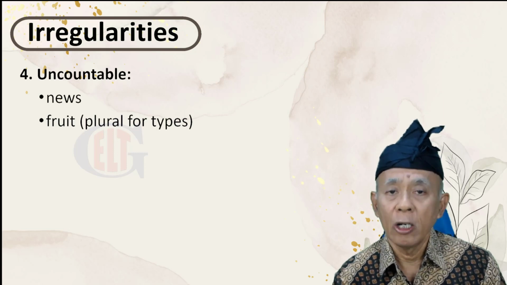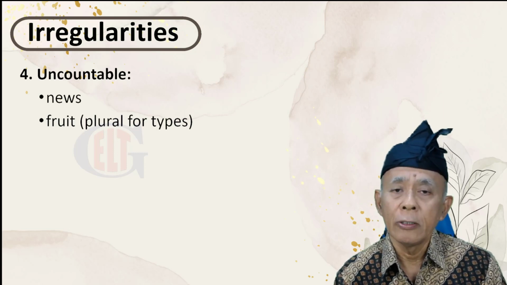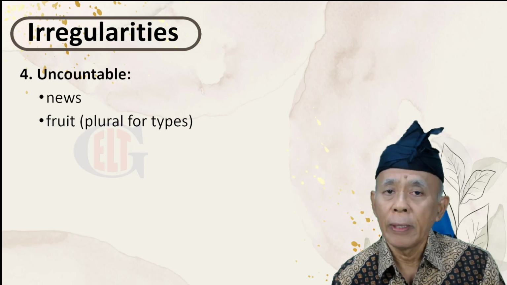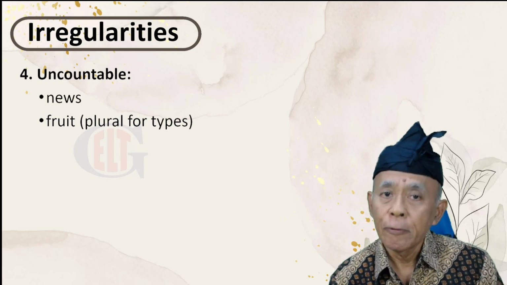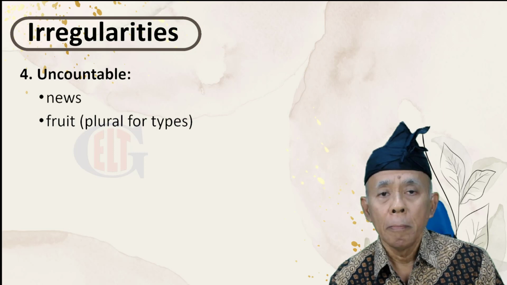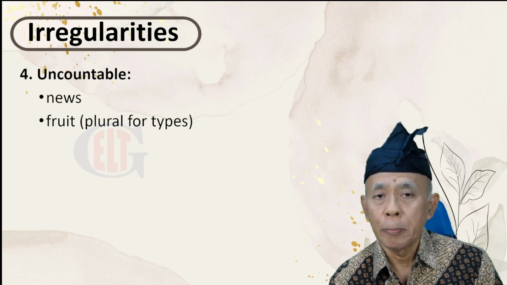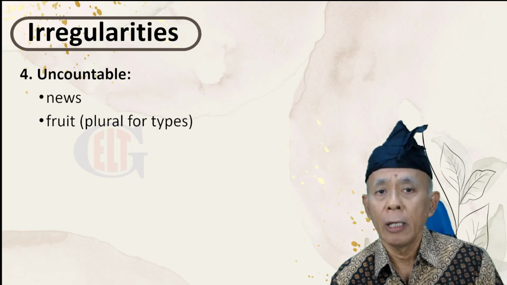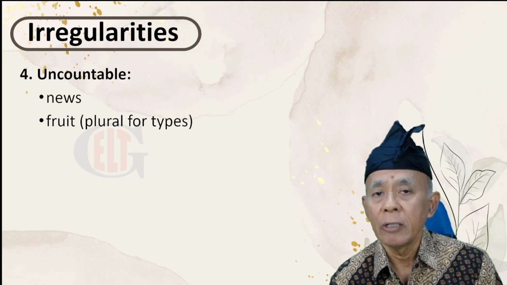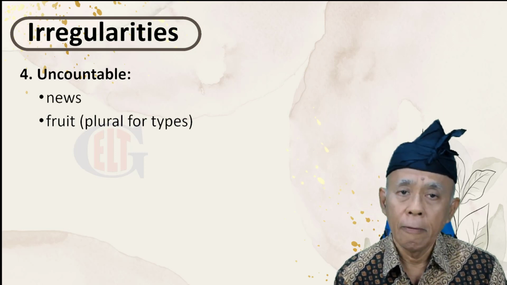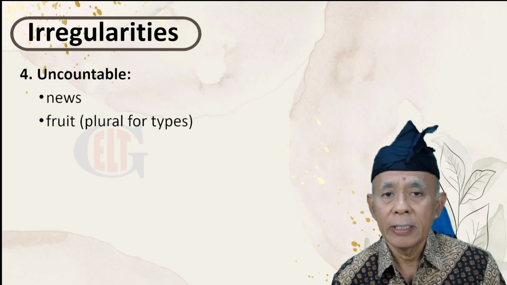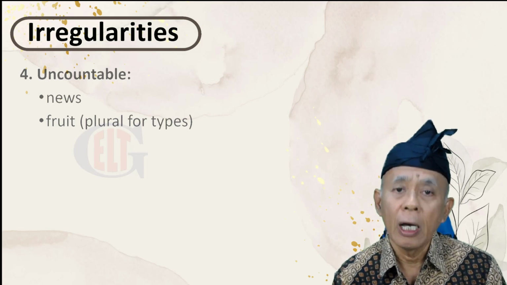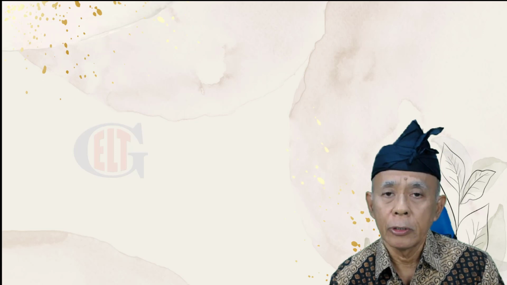Fruit is uncountable. With fruit, we can say we need to eat a lot of fruit without s. But we also have fruits, which means types. For example, there are many fruits in the basket, meaning that there are many types of fruit. We can also say lemons and oranges are 2 different fruits.